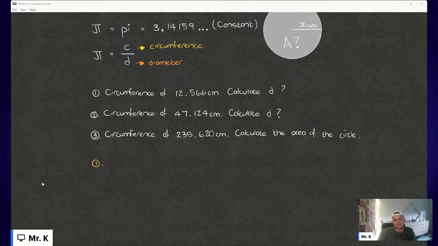This is not only testing your understanding of this formula and circles, but also substitution. If you guys have questions, please ask.